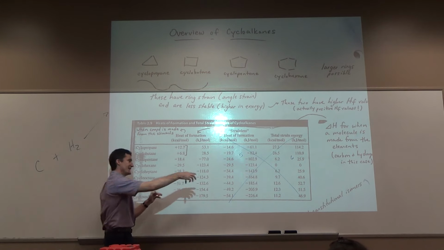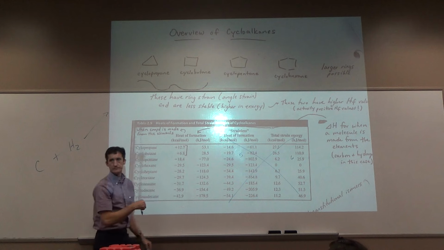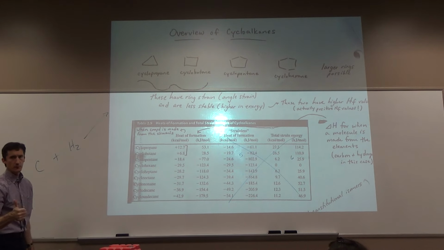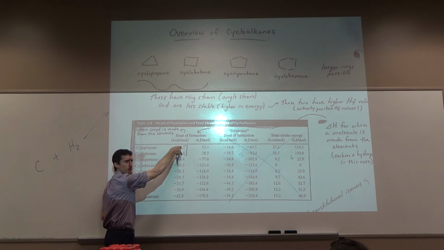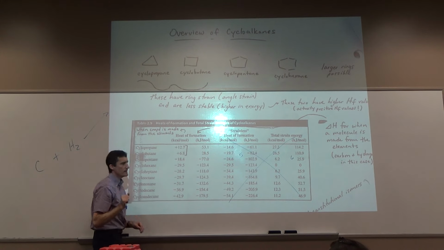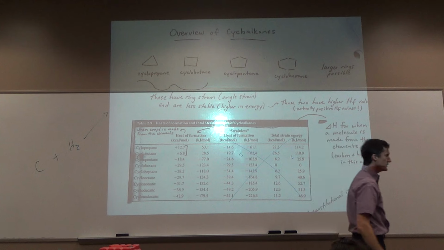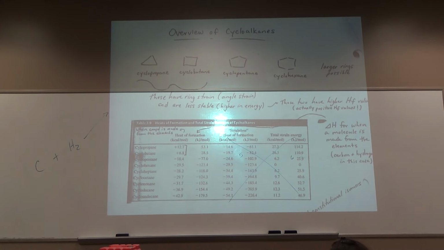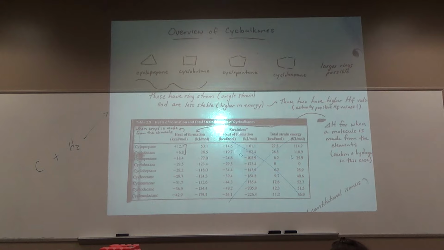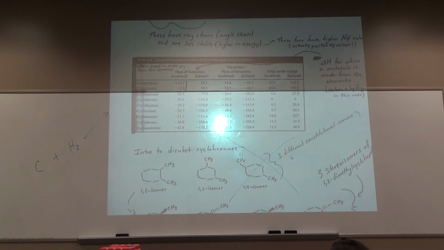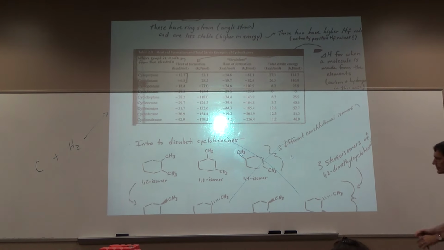And that's what they're trying to get at here, and it gets a little convoluted. Basically, what's a heat of formation? Why do you expect these to be positive? What does it mean if they're positive? That's the main thing to get out of this. We can actually quantify and get some numbers to show that those two are higher in energy compared to the 5 and 6. Questions about that?